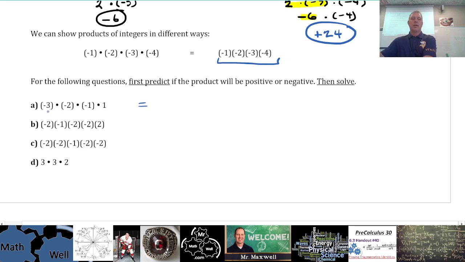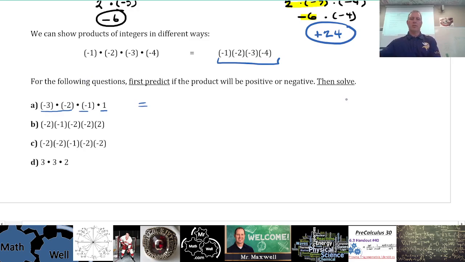Notice that if you multiply these two together, that's going to be positive, times this one, that's going to be negative, times another positive is going to be negative. So if you take a look at how many negative signs you're multiplying, that will also tell you what the product is going to be.